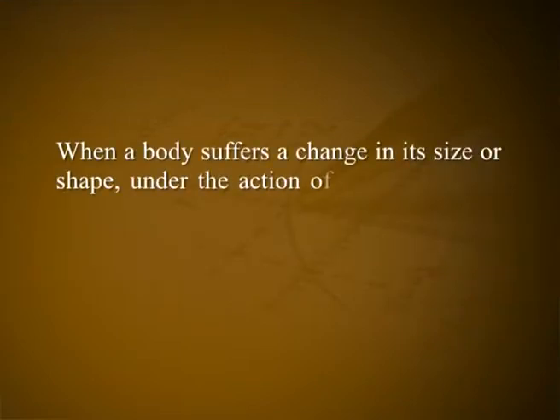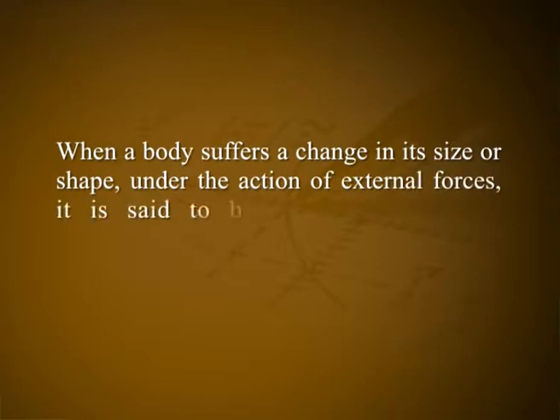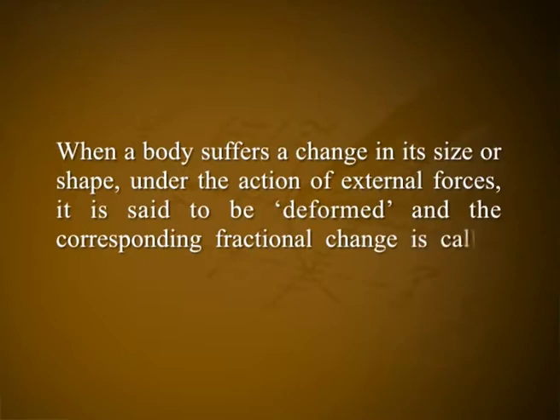Strain. When a body suffers a change in its size or shape under the action of external forces, it is said to be deformed, and the corresponding fractional change is called strain. For example, if the length of a wire changes under the action of some force, then the change in length per unit length is called linear or longitudinal strain.